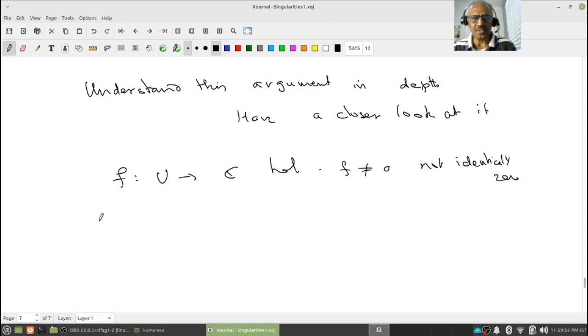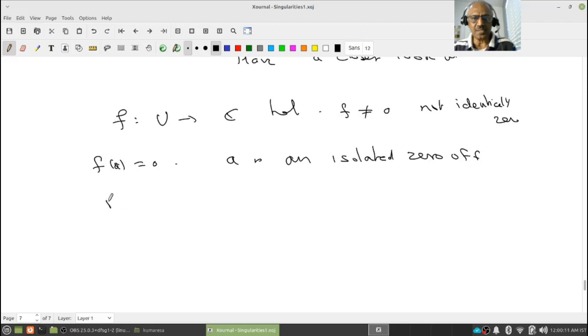Suppose f of a is 0. Then a is an isolated 0. What does that mean? That is, there is an R positive so that the disk B(a, R) is contained in U, and if f of z equals 0 for some z in B(a, R), this implies z must be equal to a.